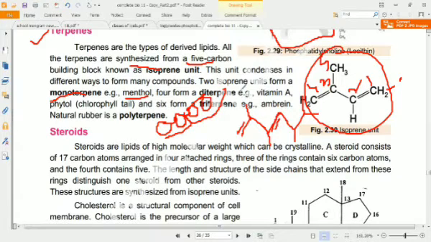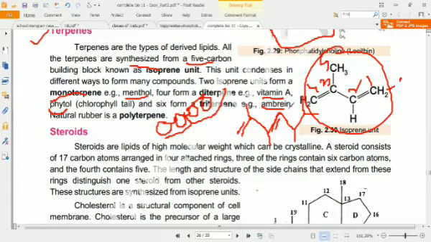Like this, if six form, they will call it triterpene, and after this one, we will say polyterpene. So diterpene examples are vitamin A and phytol, which we'll talk about in chapter number 4 as well, the chlorophyll tail. So phytol is the chlorophyll tail, which is made by this diterpene compound.